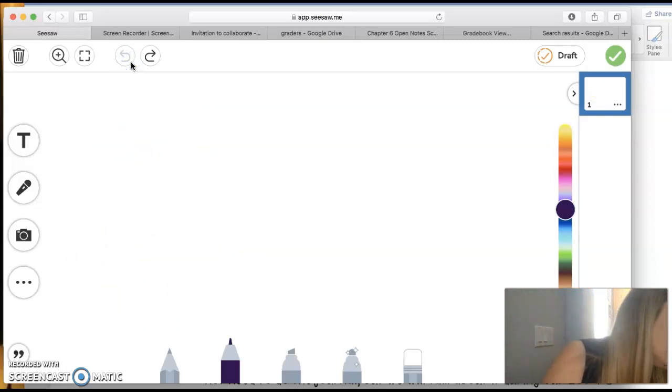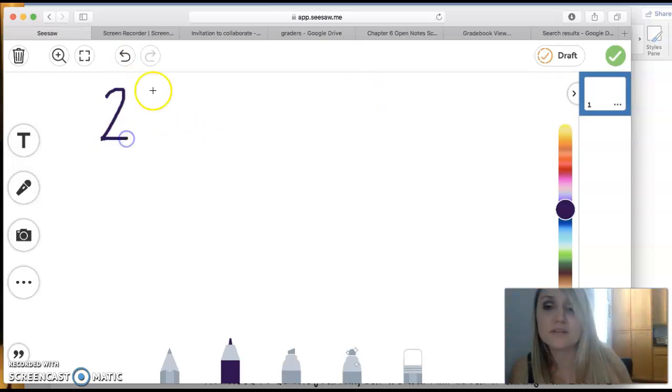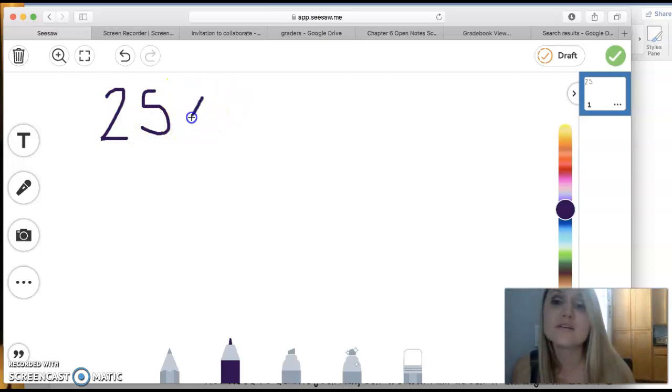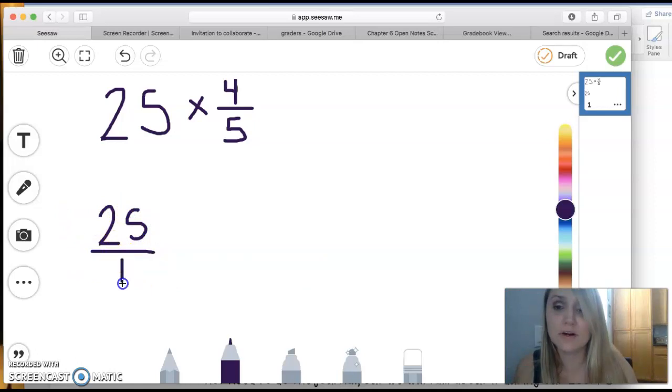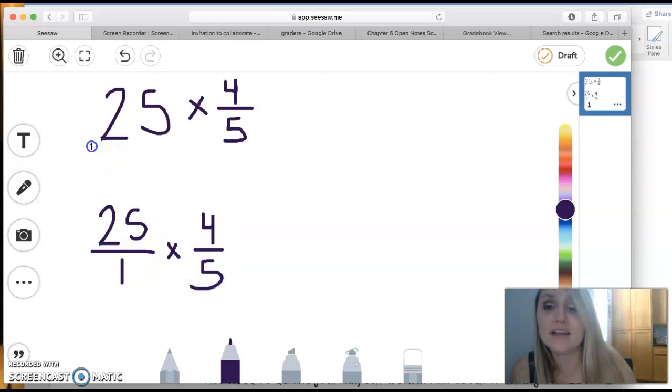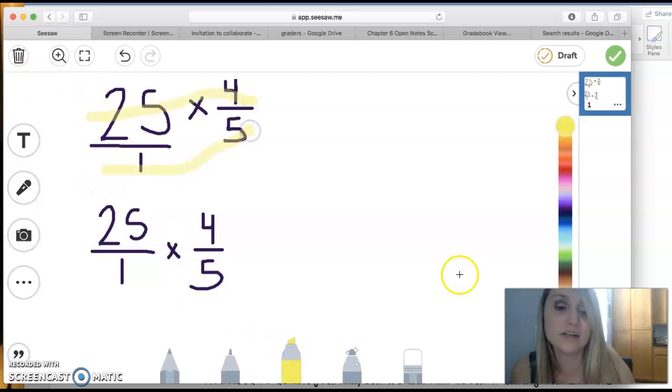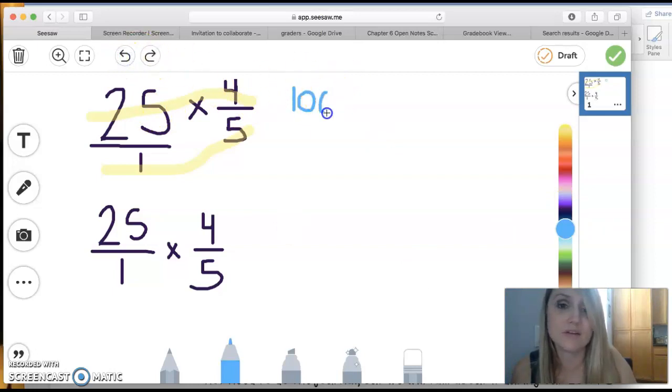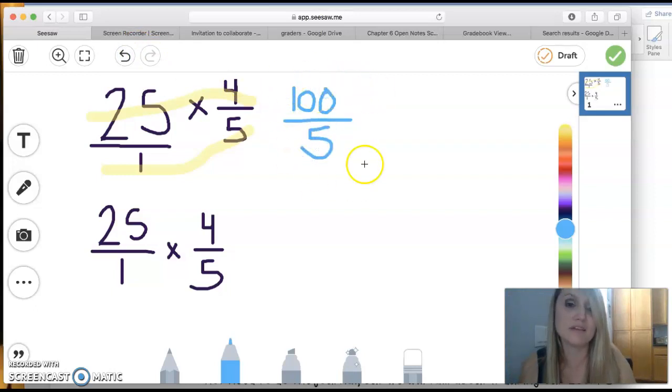We'll do number 4. So we have 25 times 4 over 5. Okay? So we're going to go 25 over 1 times 4 over 5. And again, if you wanted to go straight across, okay, you could, but then what you would be doing is 25 times 4, and then you'd have 100, and then you'd have 5, and then you'd have to make this into a mixed number, so you'd have to kind of simplify it.